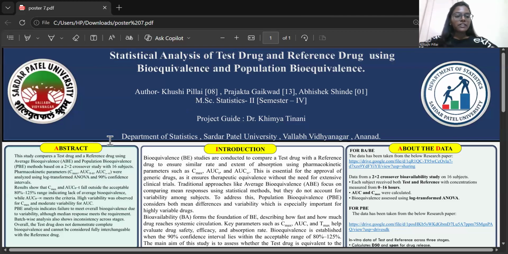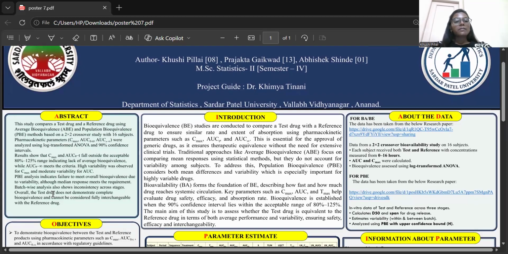So, in this, we have taken our data of test and reference drug in a 2x2 crossover design with 16 subjects. Pharmacokinetic Cmax, AUC 0 to infinity, and AUC 0 to T are calculated and analyzed using log-transformed ANOVA at a 90% confidence interval, and results are compared against the confidence interval range of 80 to 125.